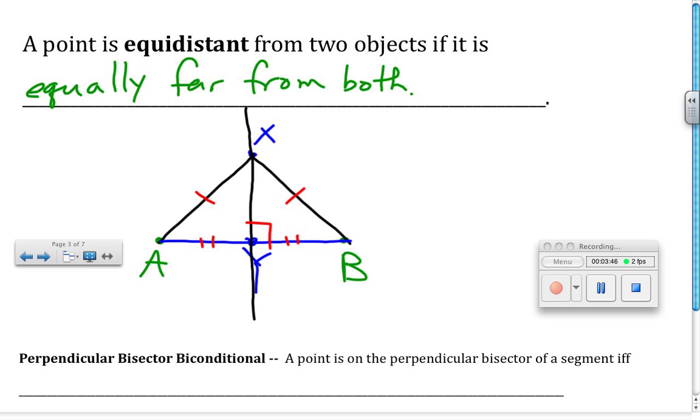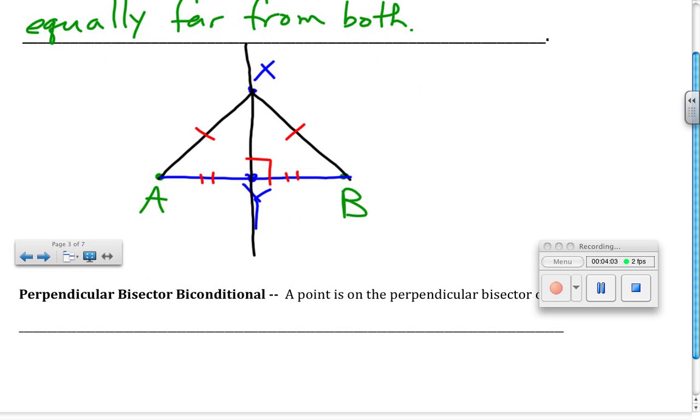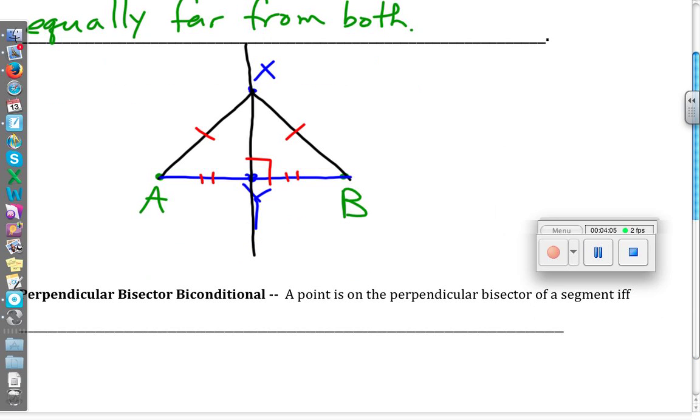So, a point is on the perpendicular bisector of a segment if and only if, what do you think? Where did I just come from? If it's equidistant from the endpoints. Let me scroll this up a little bit.